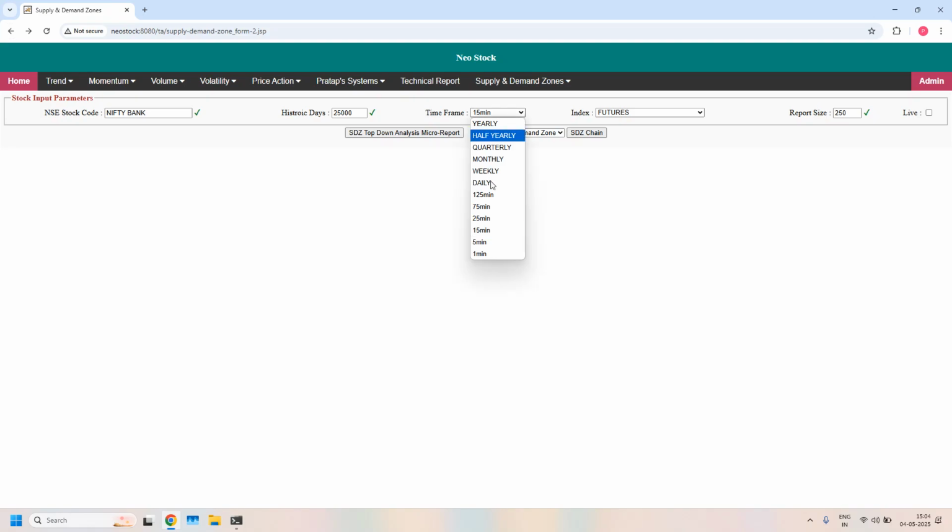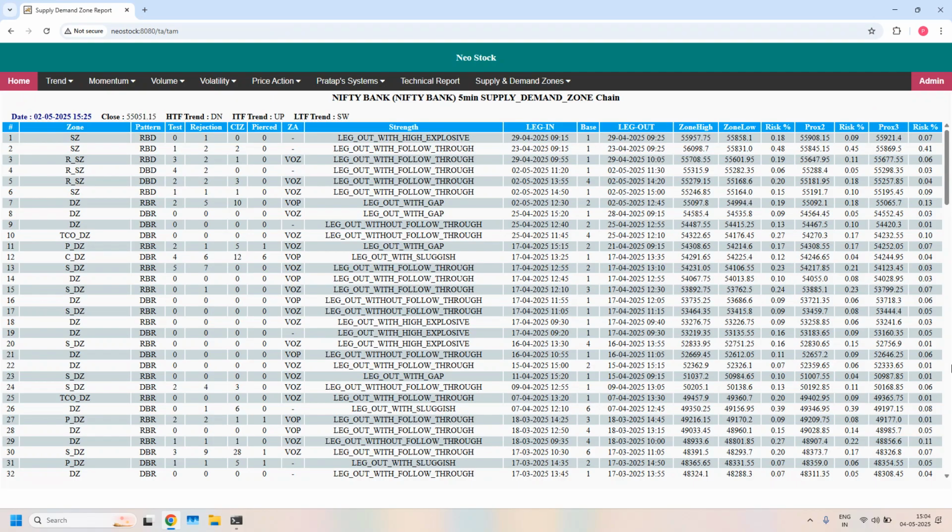Next, generating the 5-minute supply demand zone chain for Bank Nifty. So with this, we have completed the Bank Nifty as well as Nifty supply demand zone chain.